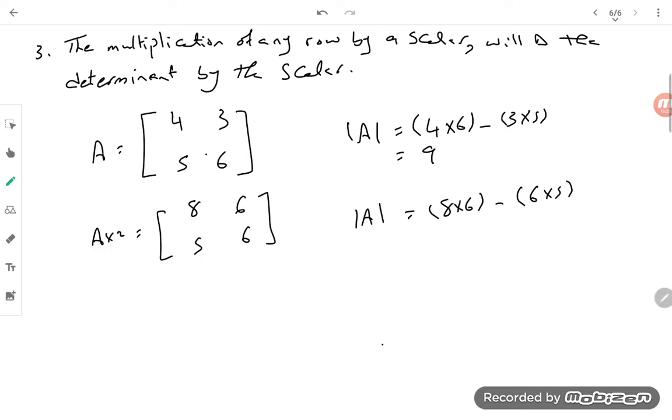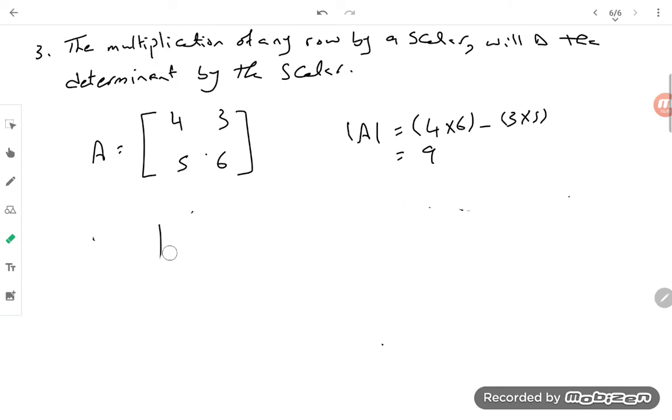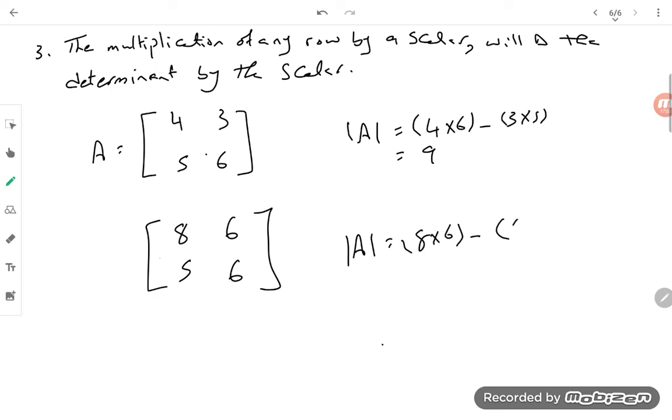Okay, once again, we are going to multiply a row by a scalar. We multiply the first row by 2. It will be 8 and 6, 5 and 6. If you calculate the determinant in this case, it would be 8 multiplied by 6 minus 6 multiplied by 5. So it will be 18, which is 9 multiplied by 2.